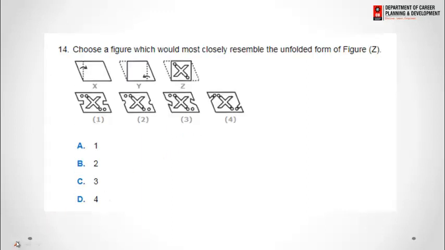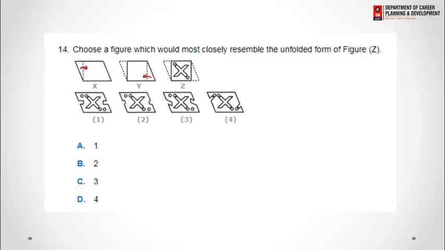Now we have question number 14. In this question, we firstly fold the figure from one edge, and then from another edge, and then make a square that is quite similar to this, and we cut the figure in between, that is quite similar to X, with two holes on two of its sides.